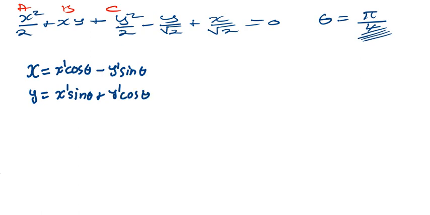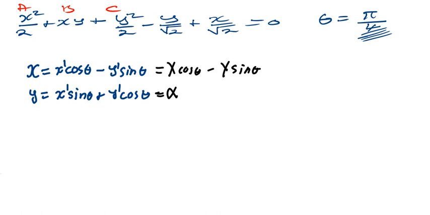One thing to keep in mind is that somewhere, maybe in a textbook, instead of using x prime they will use uppercase X, then cos theta minus capital Y sine theta, which is the same as that one.